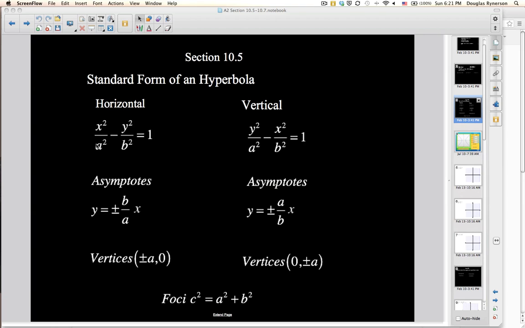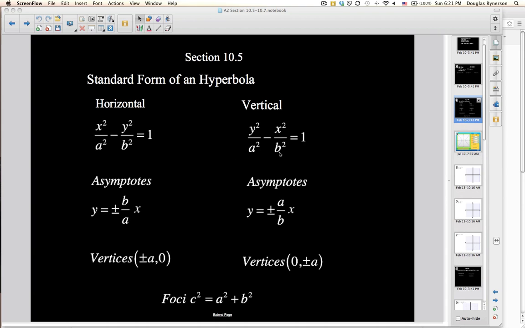We will use the square roots of the denominators to create an equation that creates asymptotes, and you'll see that the square root of the denominator under y, that would be the rise, is over the square root of the denominator under x. That's in both cases, right?